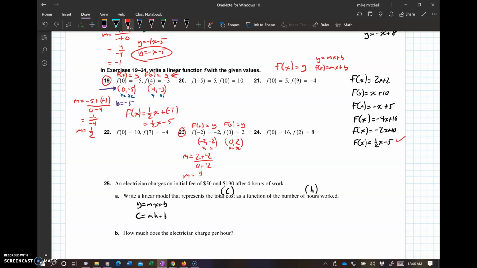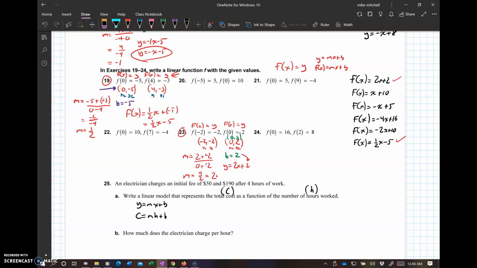M equals 4 over 2, which is 2. Nice enough. Again, I got my good old-fashioned 0, b. That's my y-intercept. Got it already. B equals 2. A lot of 2's on this one, eh? Y equals 2x from our slope, plus 2, our y-intercept. There it is on top.